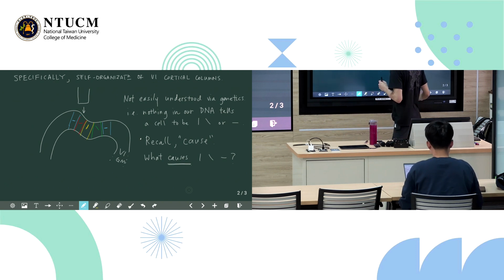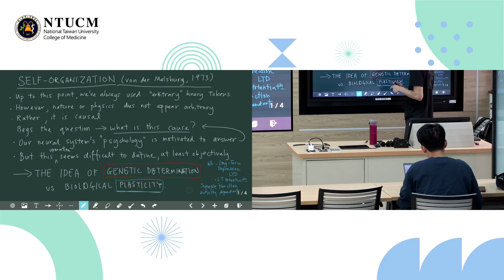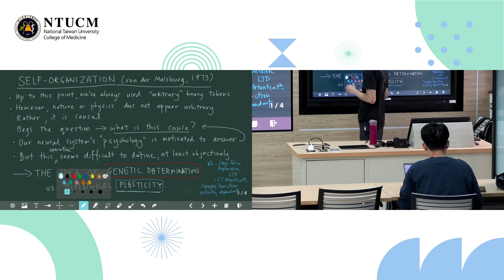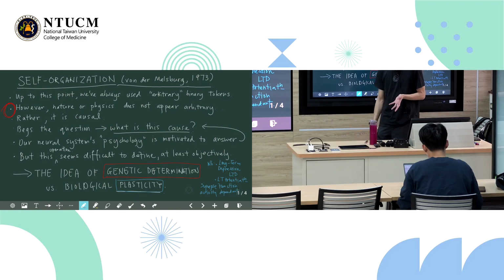Here is something to introduce to you, another concept, because it has something to do with this one. Things in the physical world are not arbitrary. This is going back all to the beginning here.